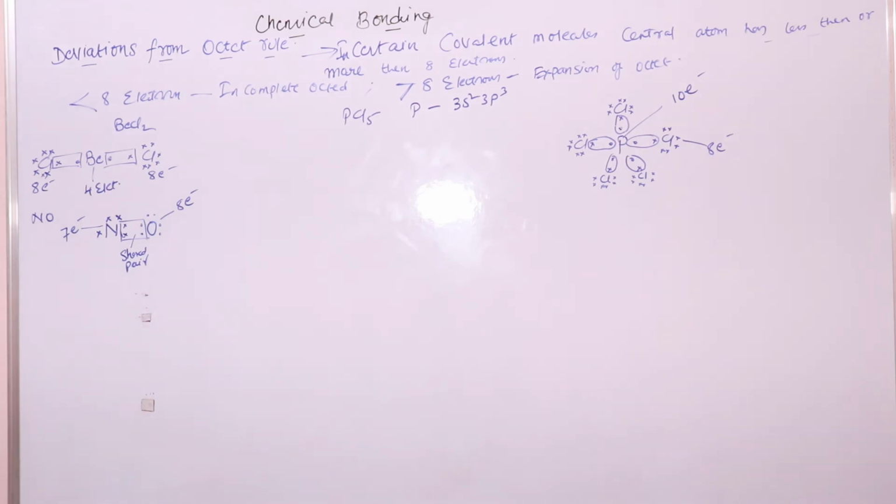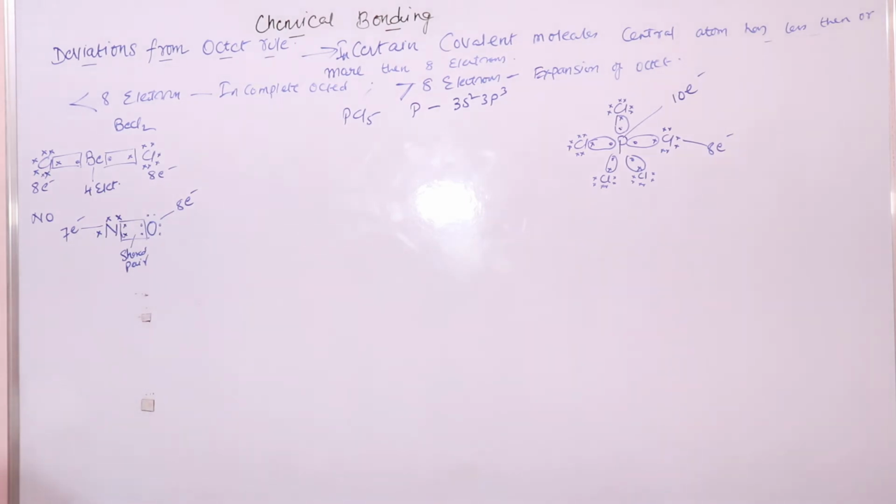Now let's look at another example. We have one more molecule, sulfur hexafluoride, SF6. SF6 also does not follow the rule of octet. In sulfur hexafluoride, the sulfur atom has 6 electrons in the outermost orbit.